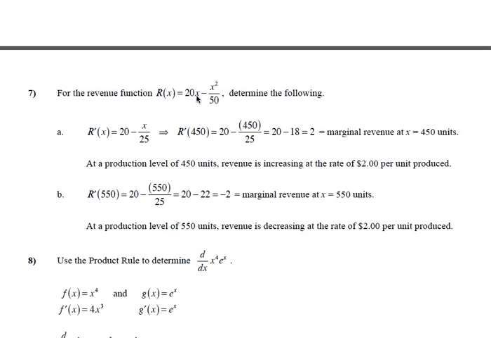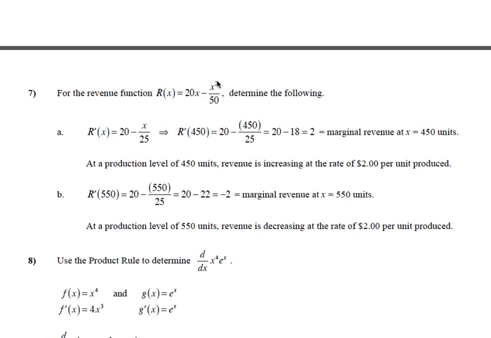It's just an x term, so that differentiates to just the coefficient. And then x squared over 50 is the same thing as 1 over 50 times x squared. That means that we would bring the 2 around front, and 2 over 50 is 1 over 25.